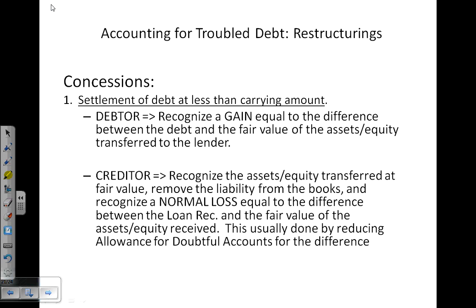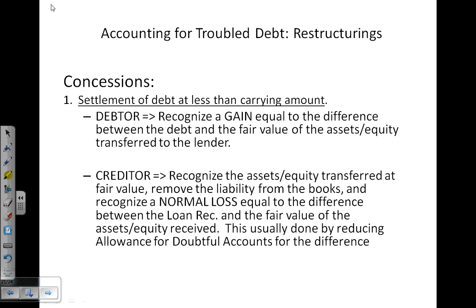This is exercise 27, where we settle the debt at less than the carrying amount. And from the debtor's perspective, you actually have a gain equal to the difference between the amount of the liability today, the debt, and the fair value of the assets or equity transferred to the lender. So pretty straightforward. You have a liability today, note payable, interest payable, and you're going to settle it by transferring assets or equity. The difference between those is going to be a gain.